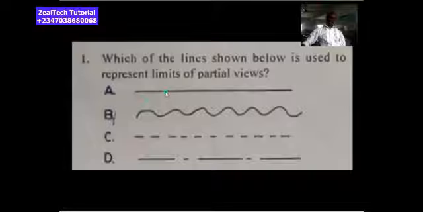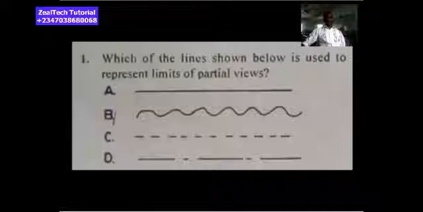A is thick line, used to print out an object and other things. C is hidden dash, used to show hidden parts of an object, and then D is normally used to show center line and other things like cutting plane together with showing the movement of parts. So the answer here is B.